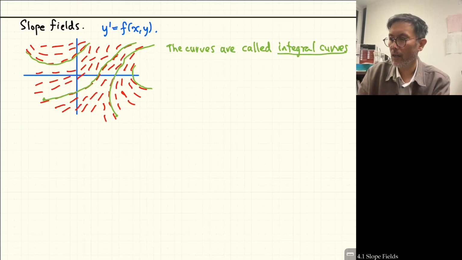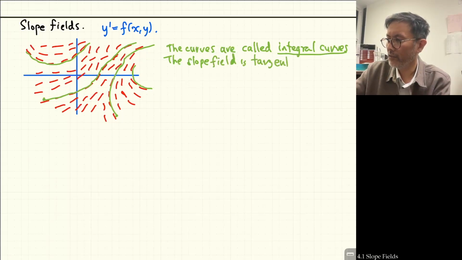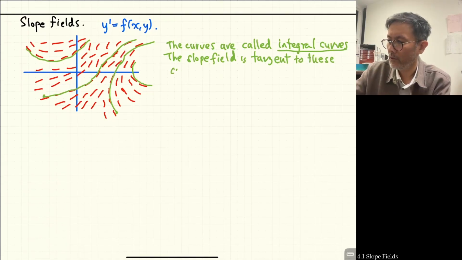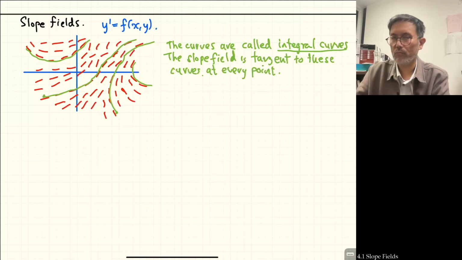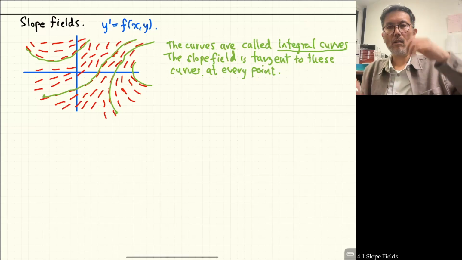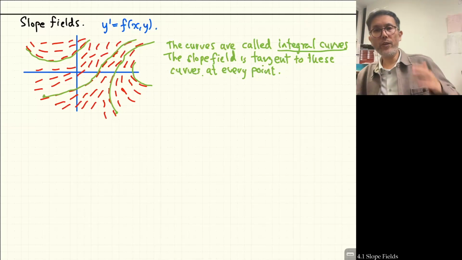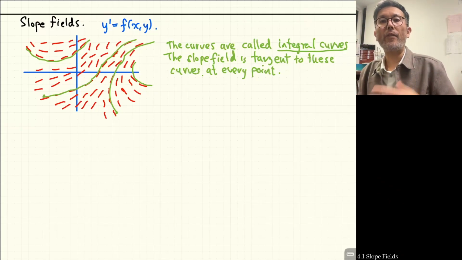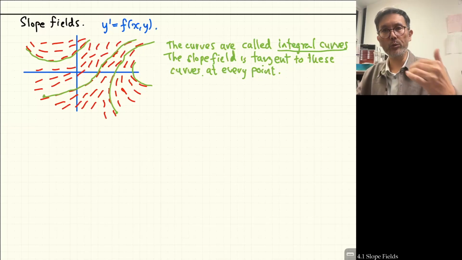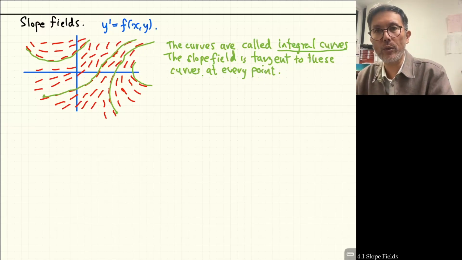The slope field is tangent to these curves at every point. And these integral curves are pictures of the solutions to this differential equation.